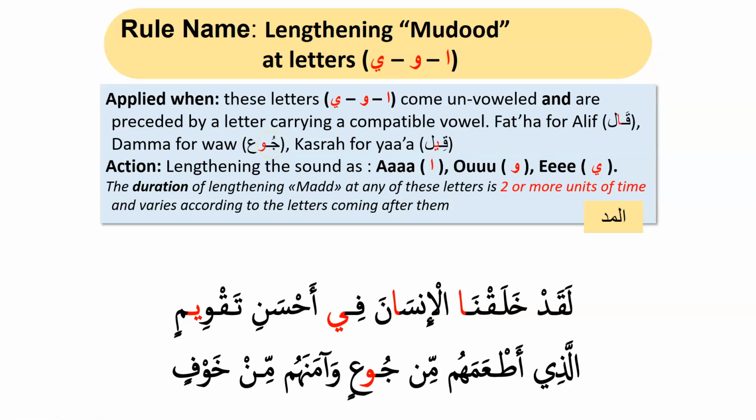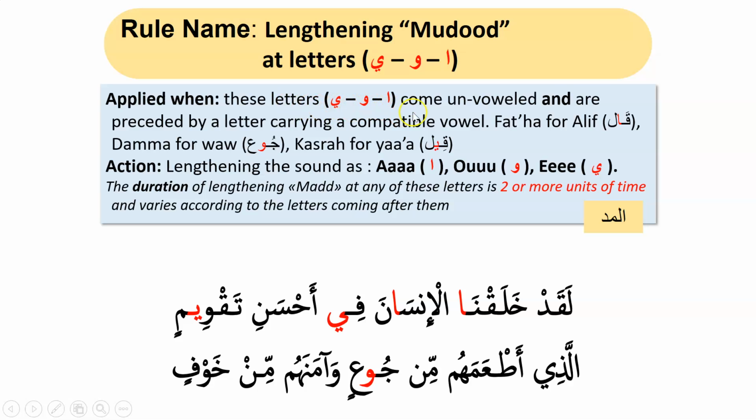The harf al-illa, the harf al-mad, is coming sakin, and the letter preceding it is carrying a compatible vowel, which is dhamma in the case of waw, or kasra in the case of ya, or fatha in the case of alif. Then when these 2 conditions are fulfilled, we can do mad.